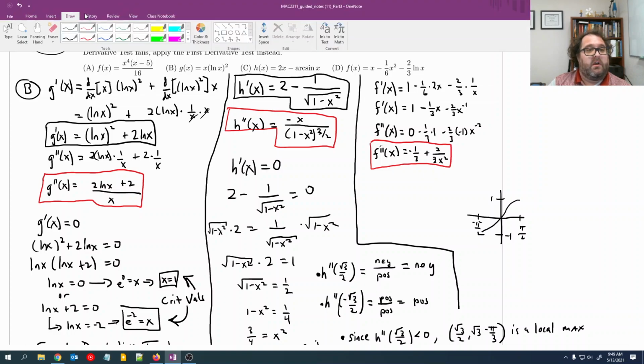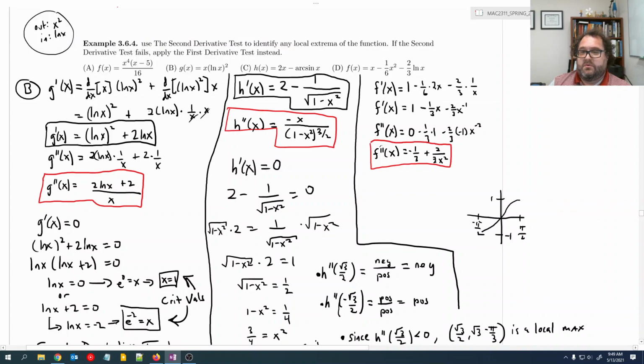But remember, the method for the second derivative test is to find your two derivatives, the first and the second, and then find the critical values. So we do need to set the first derivative equal to 0 and solve.